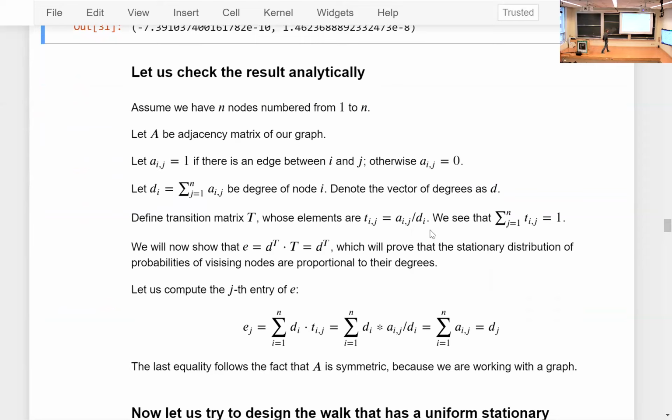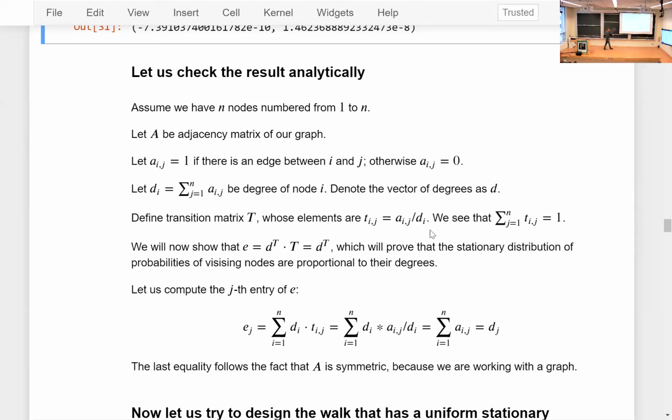If we start with the adjacency matrix where A_ij is 1 if there is an edge between i and j, and 0 if not, this is the matrix we had. Then I create the transition matrix by dividing A_ij by d_i. Now if I sum all those elements in a row, the sum is 1.